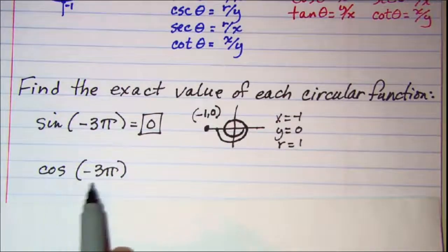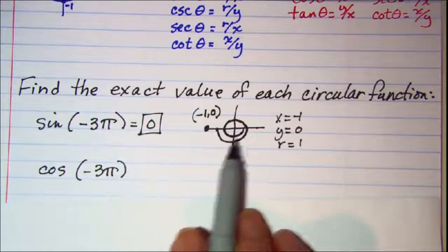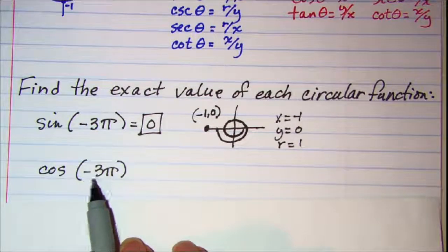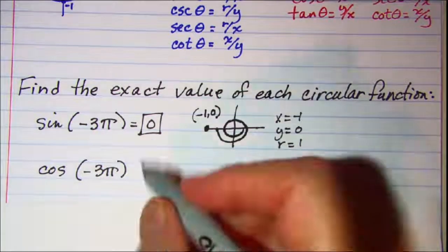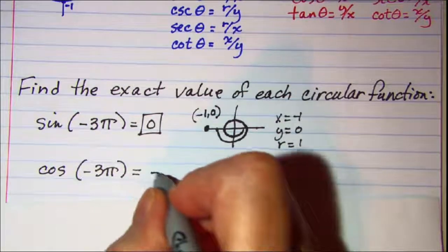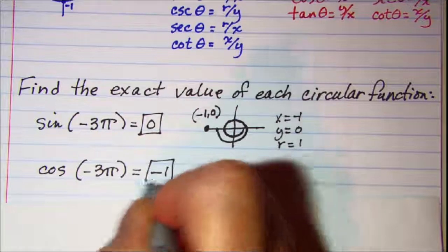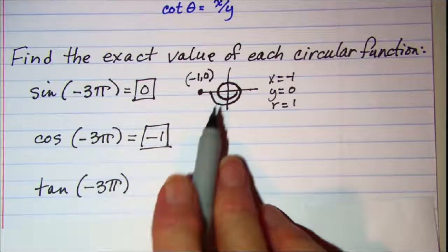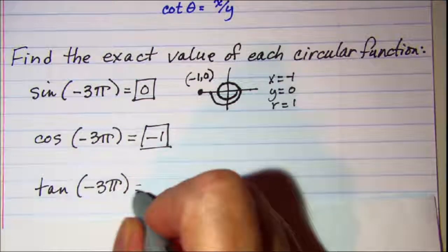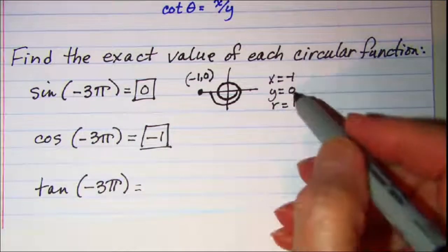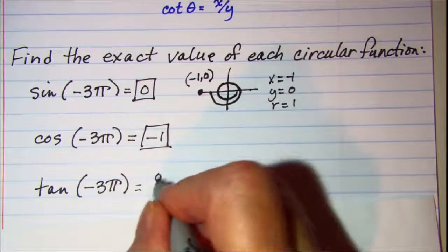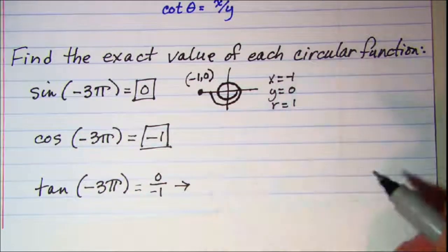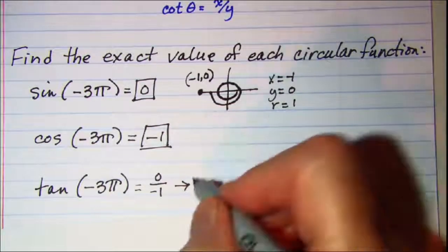Now for cosine of negative 3 pi, again, we can use the same sketch. Cosine is the x value, so this is a negative 1. For tangent of negative 3 pi, we'll use the same sketch. This is y over x, so y is 0, and x is negative 1, so the tangent of negative 3 pi is 0.